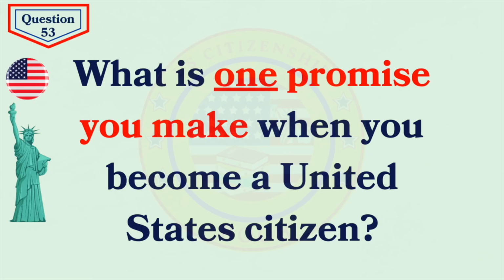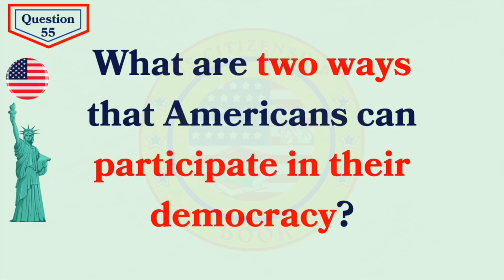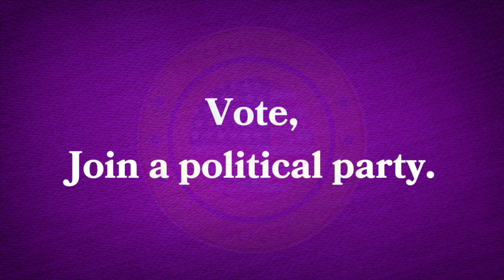What is one promise you make when you become a United States citizen? Obey the laws of the United States. What are two ways that Americans can participate in their democracy? Vote. Join a political party.